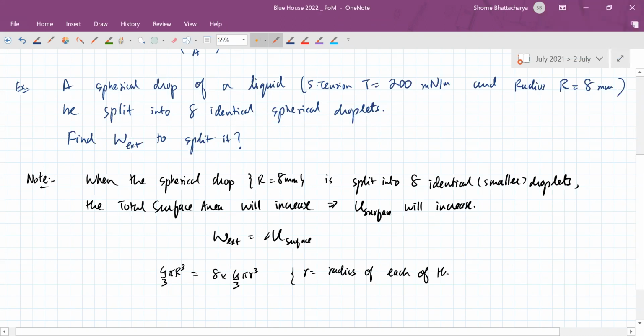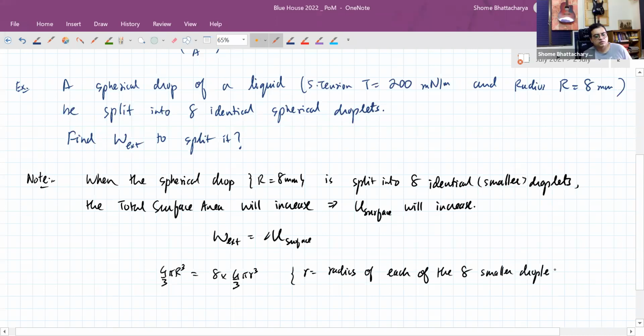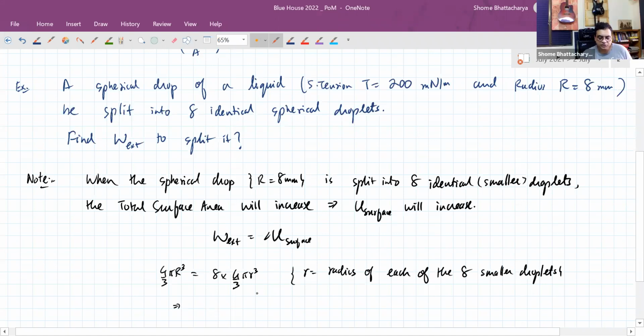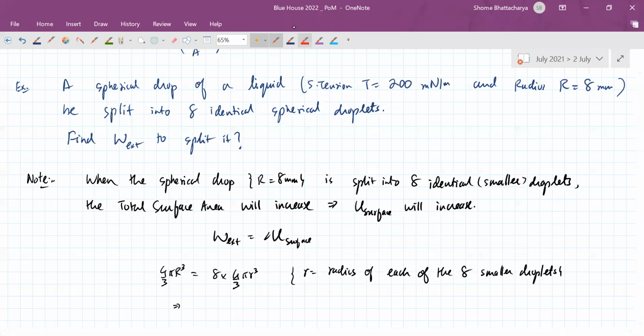So small r will be bigger R divided by 2. When we distribute, will the total surface area decrease? Sorry, no, it will be increasing. That is the whole point now.